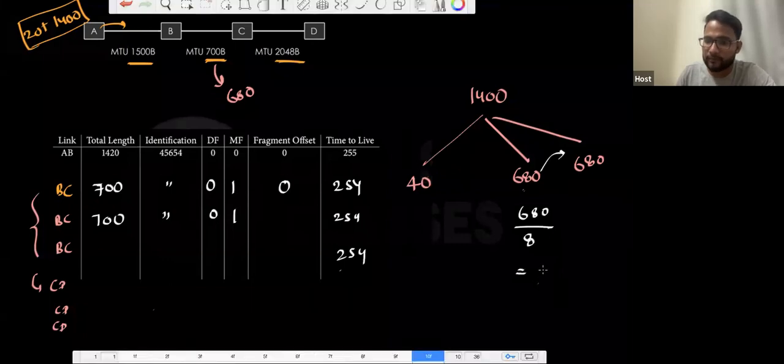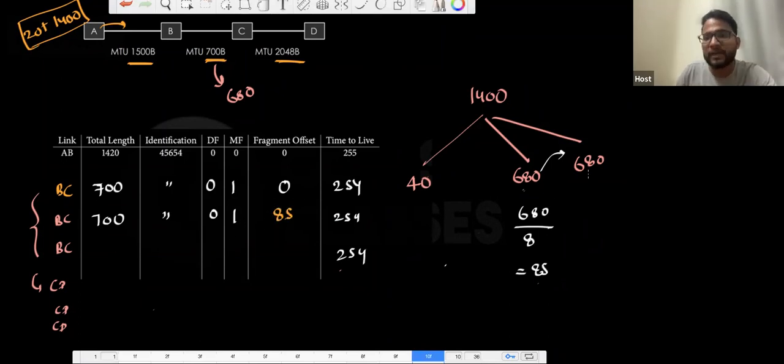So the fragment offset for the second packet will be 85. For the first packet it is 0 because it is not following anything, but the second is following 680 by 8. So for the next packet, the fragment offset will be 170, right?